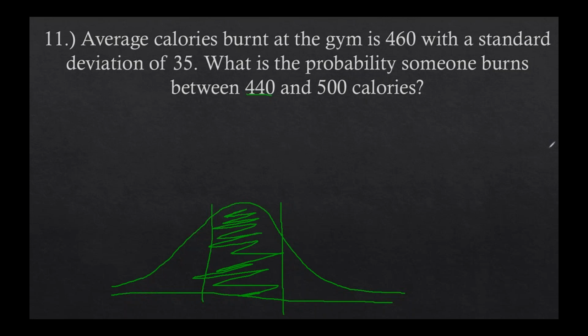Okay, so does anybody have any idea what we would do first? Z-score for each. Absolutely. You can't do anything with probability unless, well, in this case, unless you have a z-score. Okay, so we need to find a z-score for 440. And we need to find a z-score for 500.